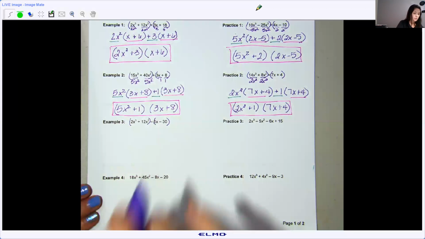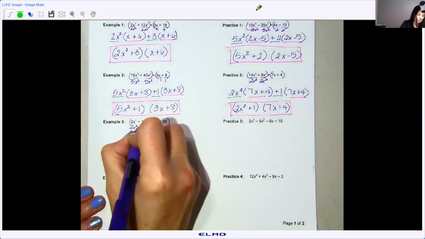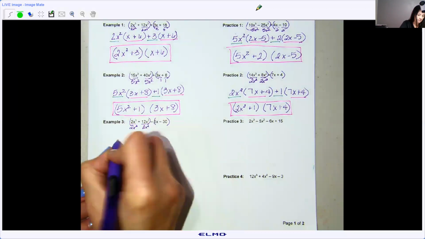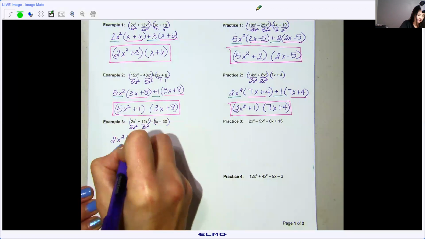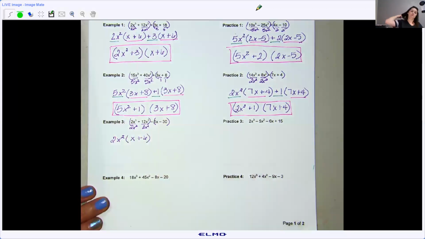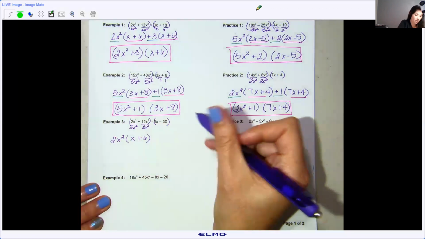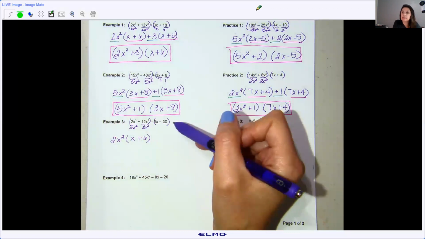Okay, so for this first one, we're going to factor out a 2x squared. Okay. And we'll be left with an x and a 6. Okay. All right, on this second one, I can factor out a 6 from the 6x and a 6 from the 30.